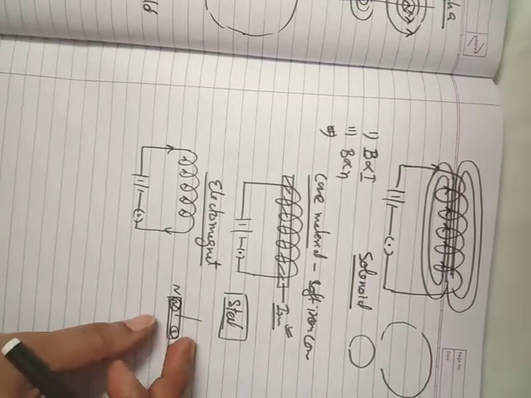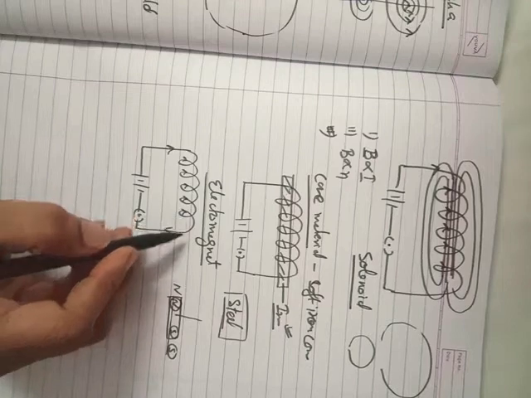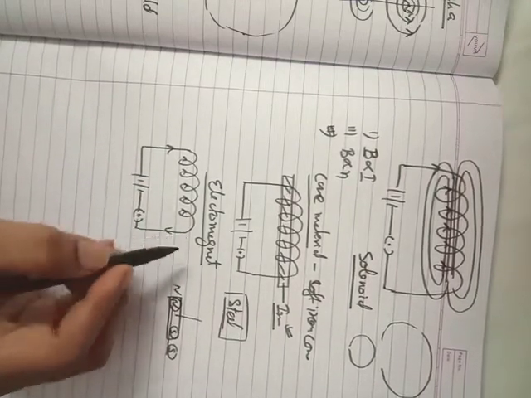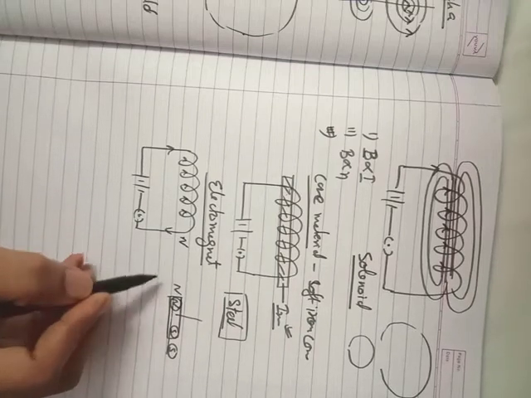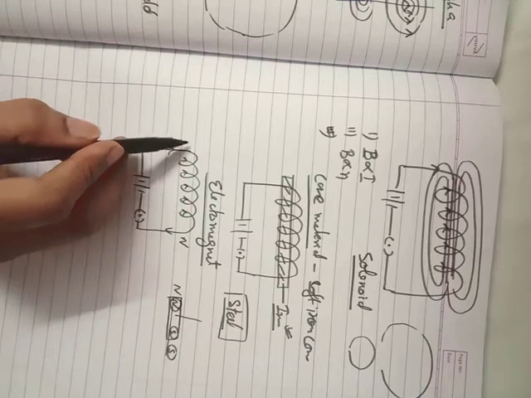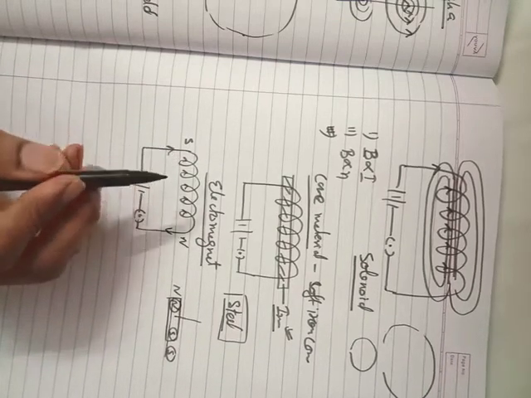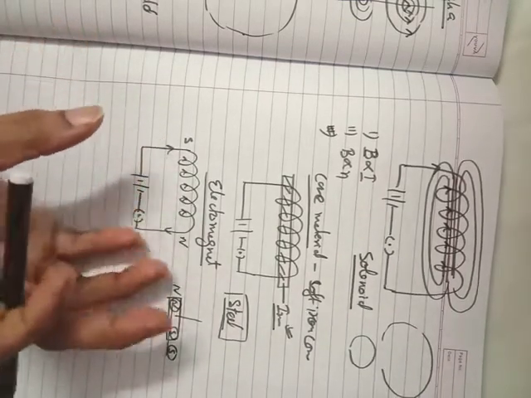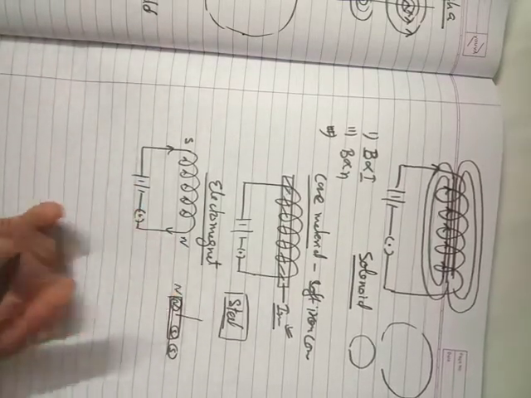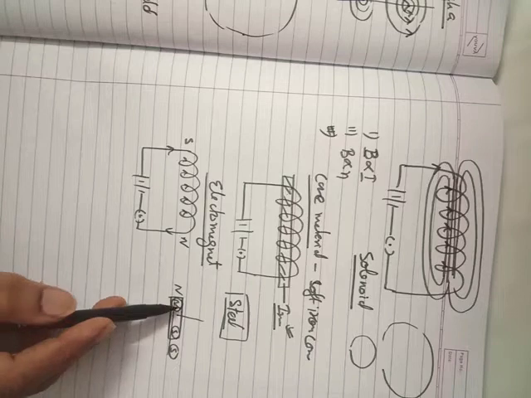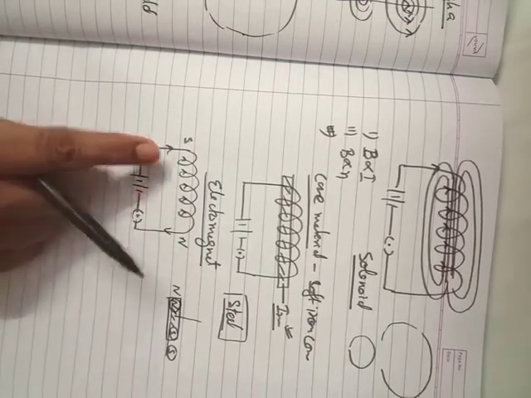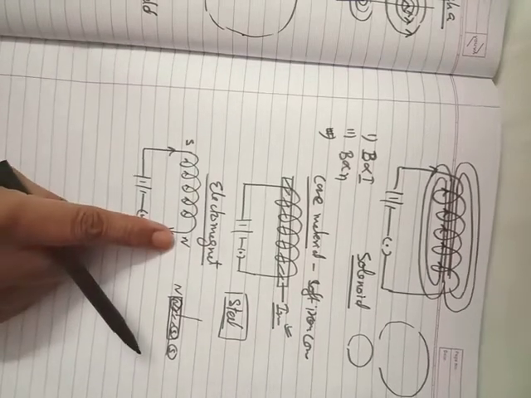If we bring a north pole towards this solenoid, and if they repel each other, then this will be the north pole. Or if we bring a south pole here and it repels the south pole, it means this is the south pole. Since we know that opposite poles attract each other and same poles repel each other. So by using this bar magnet, we can find the poles of this solenoid.